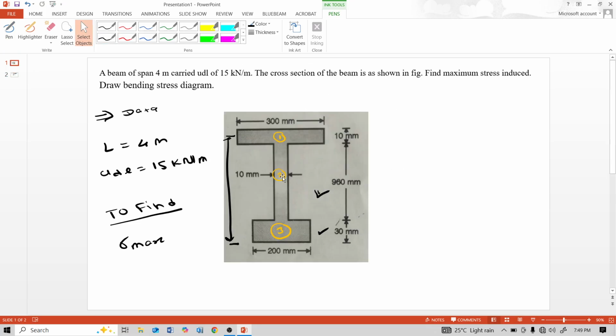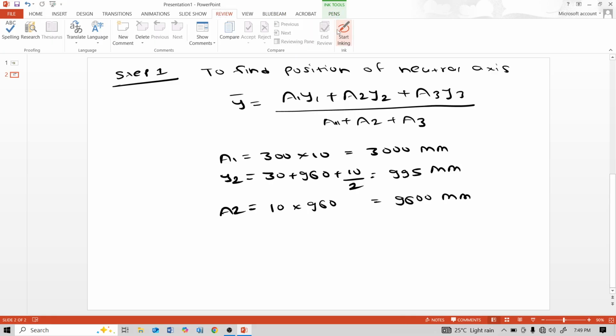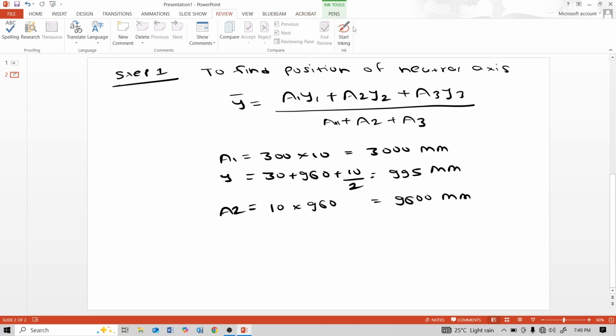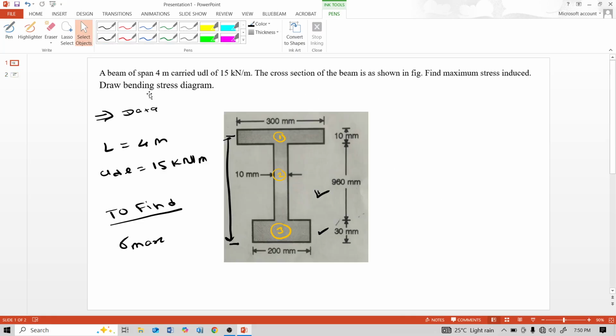A2 is this web area. Web thickness is 10 mm and height is 960 mm. 10 by 960, 9600 mm squared. Here y1 is for top flange denoted as 1, and y2 for web denoted as 2.